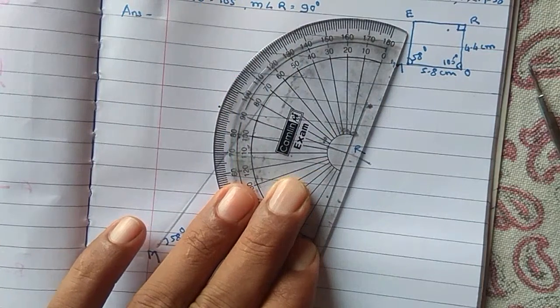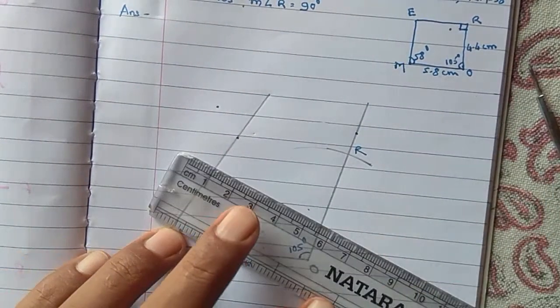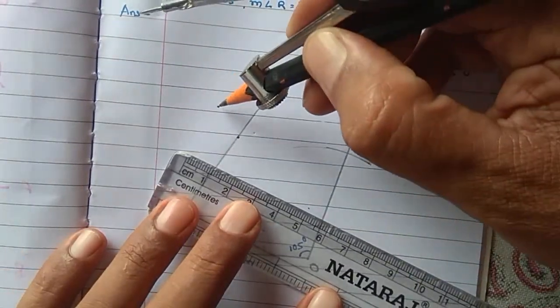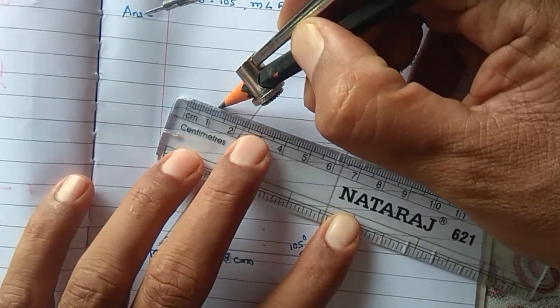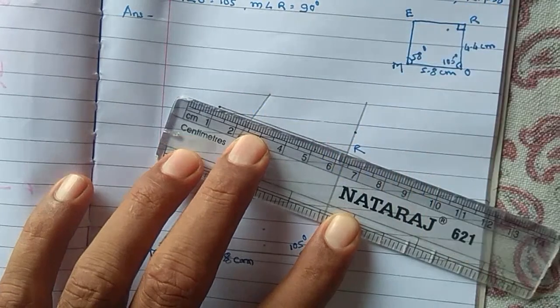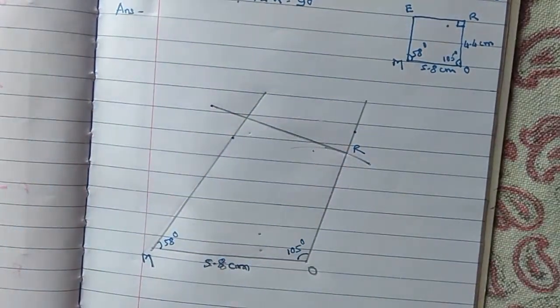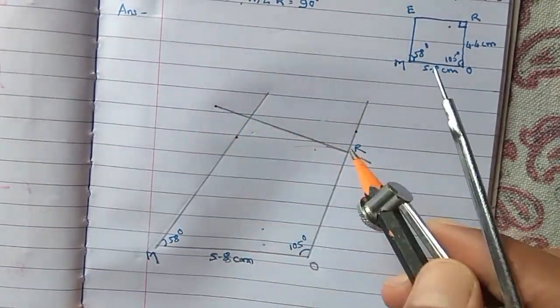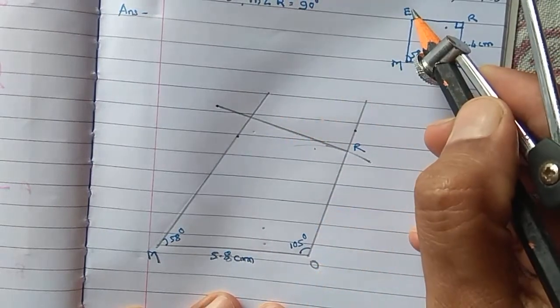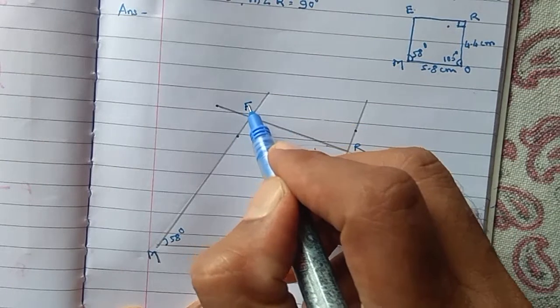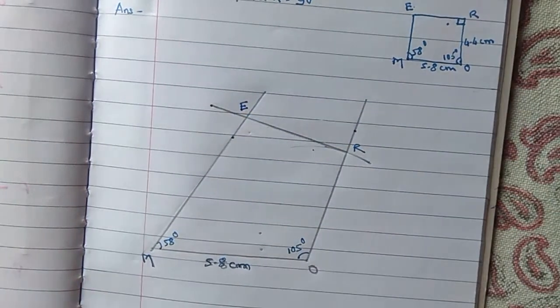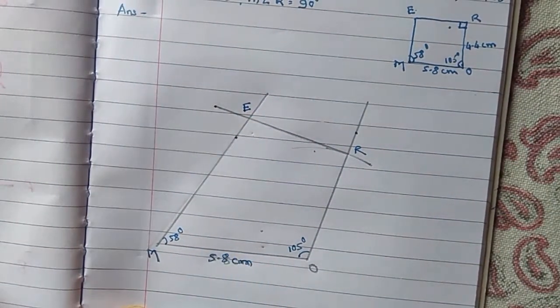Then join the point which we got and point R. By joining these 2 points we got the point E. So let us name it as point E. Right, here our construction is over.